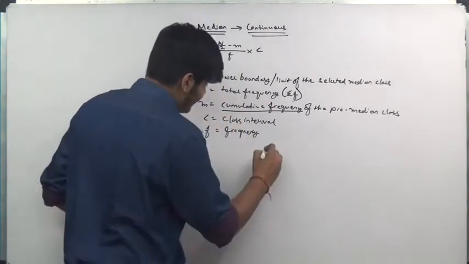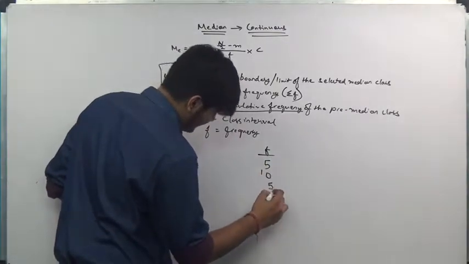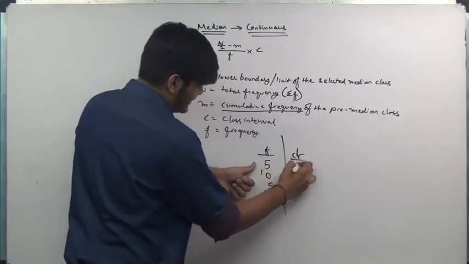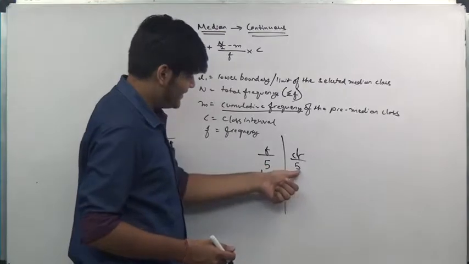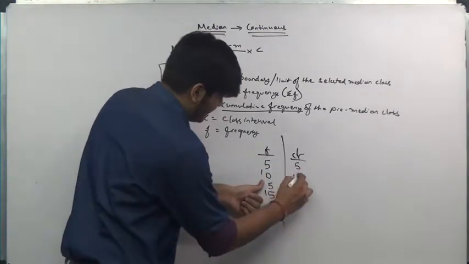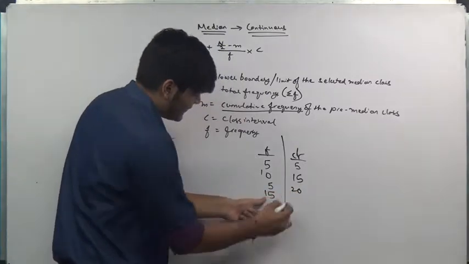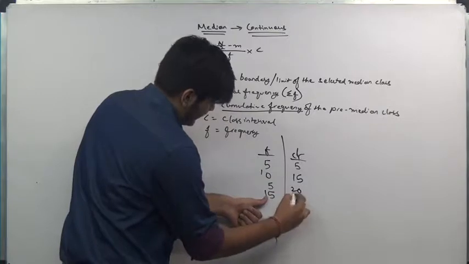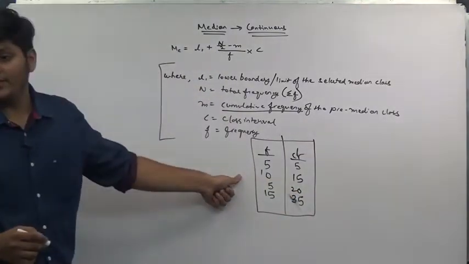For example, if we have been given frequency 5, 10, 5, 15, then the cumulative frequency would be, first one would be same, that is 5. The second one would be this 5 plus 10 comes down to 15, 15 plus 5, 20, 20 plus 15, 35. Fine. This is how you find out the basic cumulative frequency.